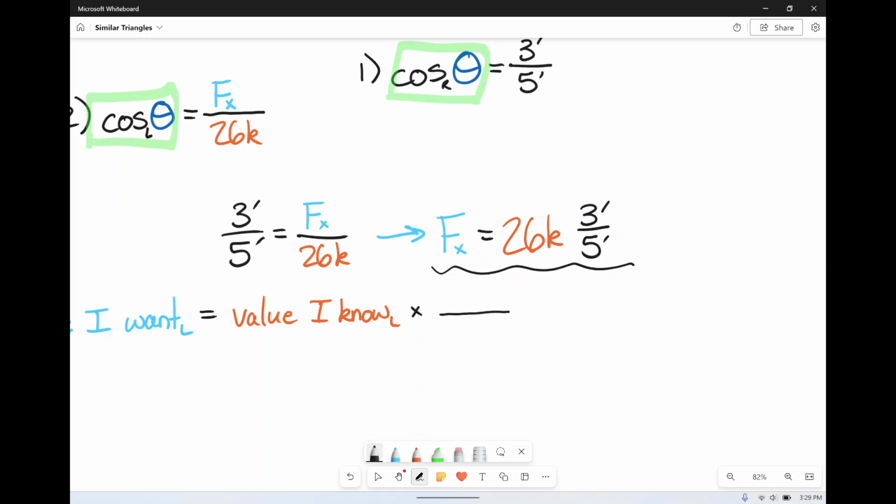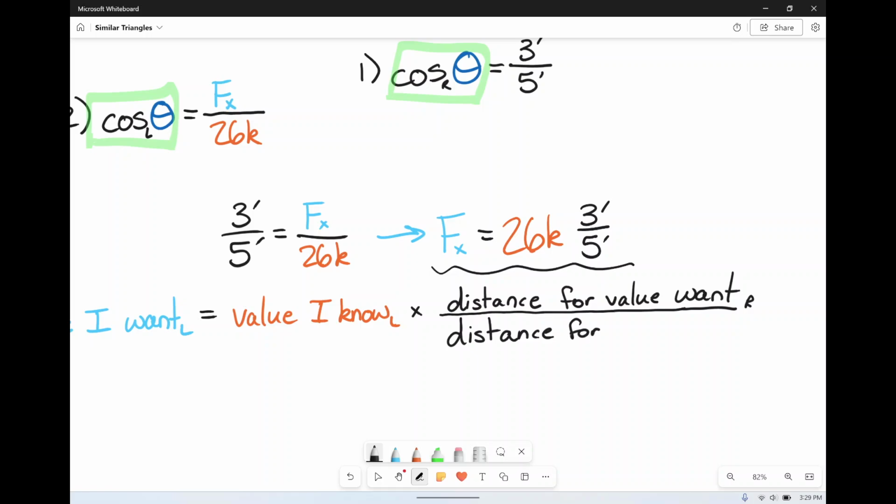My ratio is usually a distance for the value that I want, and again, that's on the right, over a distance for the value I know. Again, that's on the right.